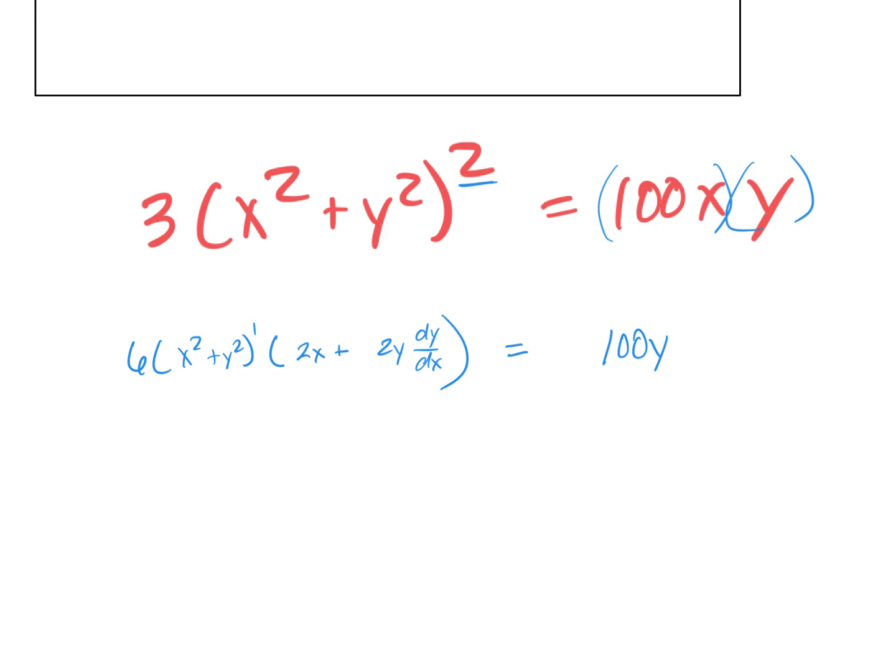So the derivative of 100x is 100 times the other function, y. Plus, what's the derivative of the next term? 100x times the derivative of the second term. The derivative of y is dy/dx.